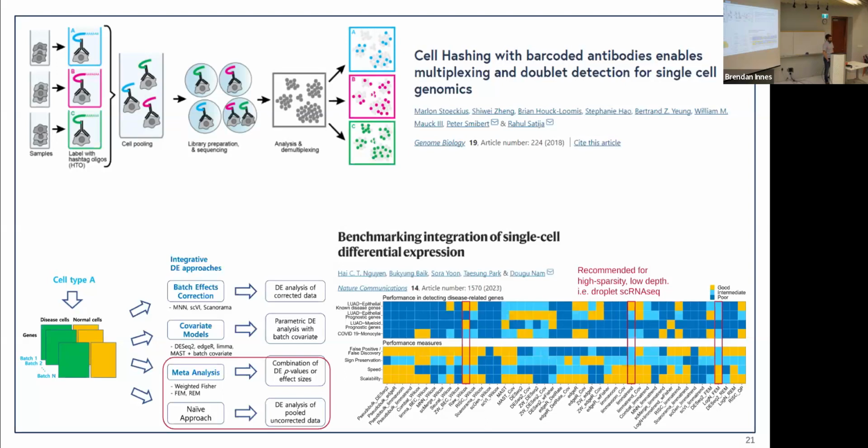Those were high performing on droplet data, where it's very sparse, low depth, not necessarily on higher depth or less sparse data. But I think, again, you need a high number of studies. If you've scoured the literature for every glioblastoma paper out there and combined them all into one data set, you might be able to get away with not doing anything complicated and just doing some tests.